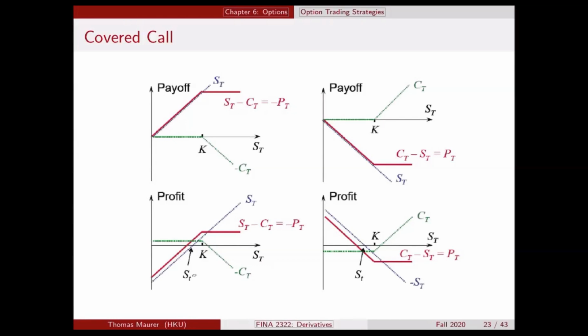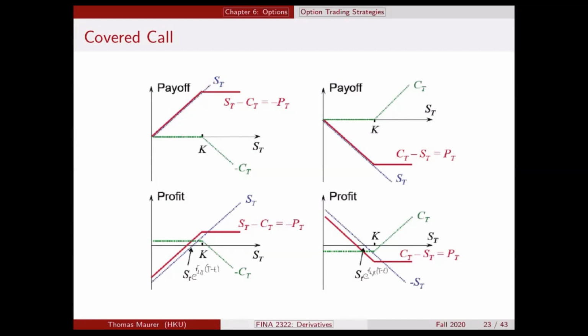Here we should multiply that S_t times the risk-free asset return from small t to time capital T, and similar over here, we should multiply that by e to the power of the risk-free rate times capital T minus small t. So that means the 45-degree line from that long position in the underlying shifts downwards.